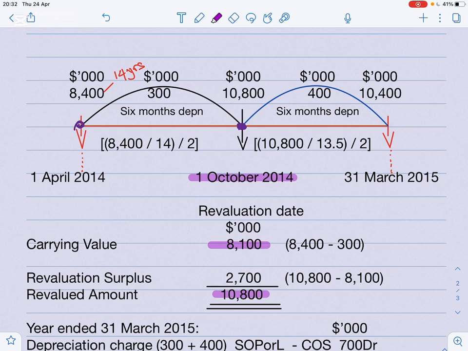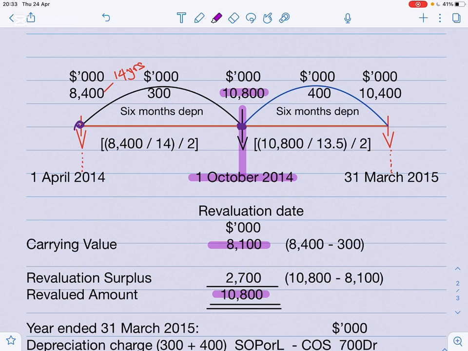And look at it, the 10.8 is here as at the date of revaluation. So this is the date of revaluation. That arrow tells us now that as at 1st October 2014, the market value was 10.8.